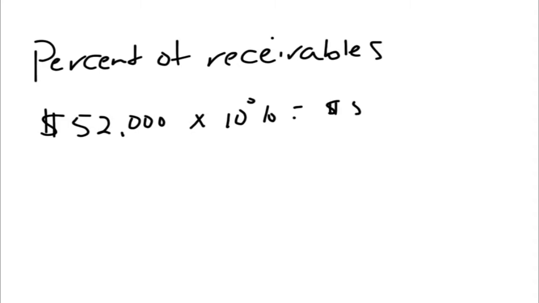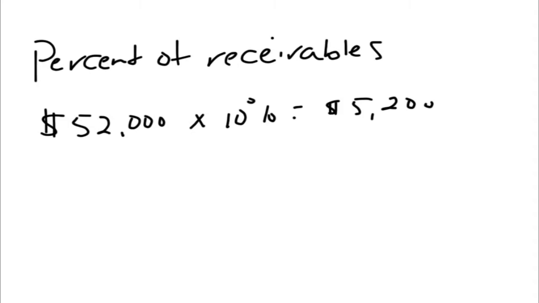So you're estimating $5,200 to be uncollectible. The focus here, however, is on the balance sheet, specifically with the allowance account. So the $5,200 is what we need the allowance account to be.